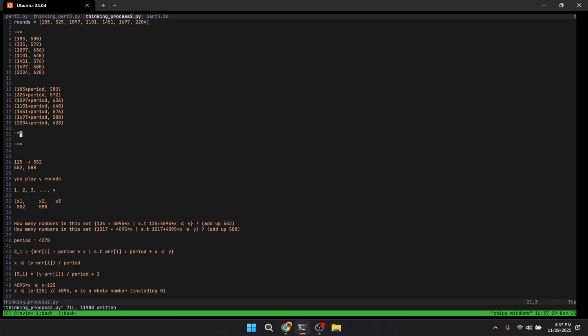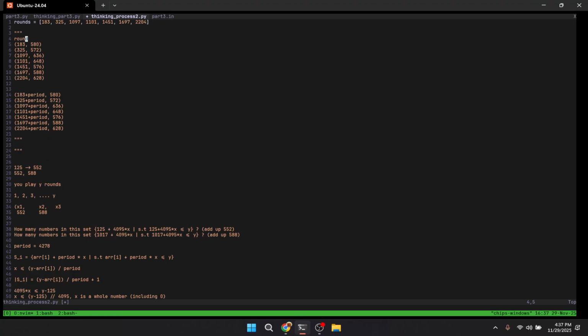What I'm trying to say is that at round 183, there are 580 active things. This is the column for round, and this is the column for active. You can see there's a cyclic pattern: every period times, this repeats itself.